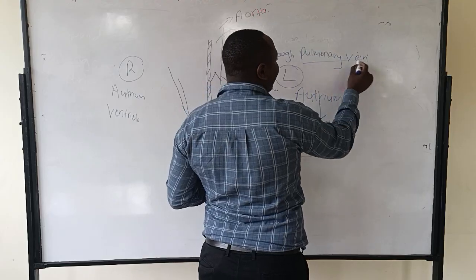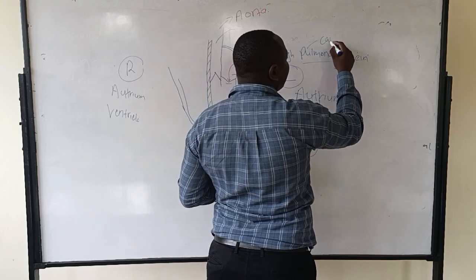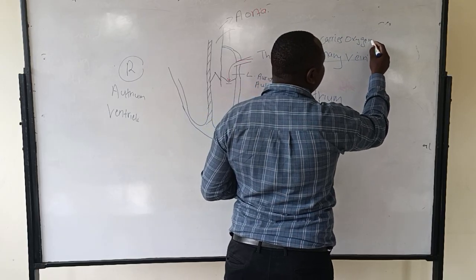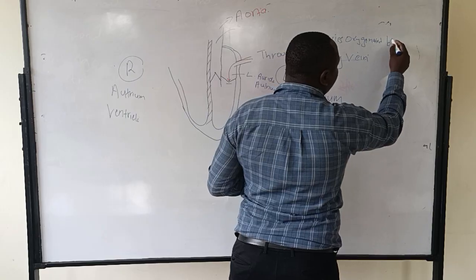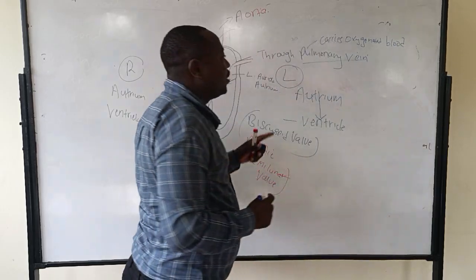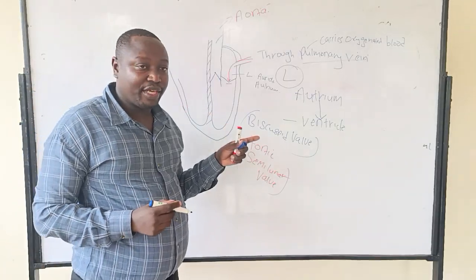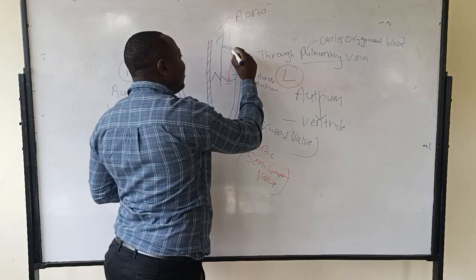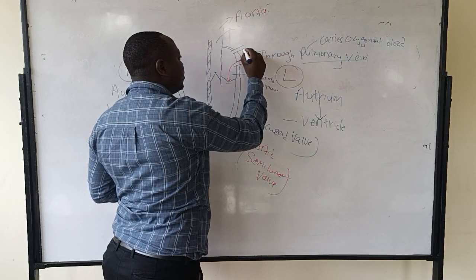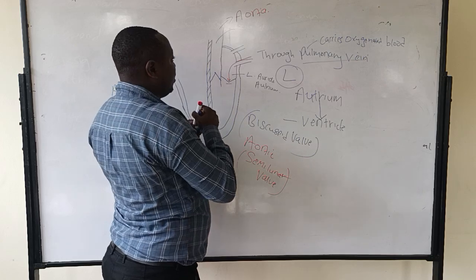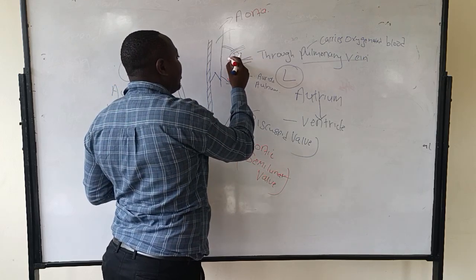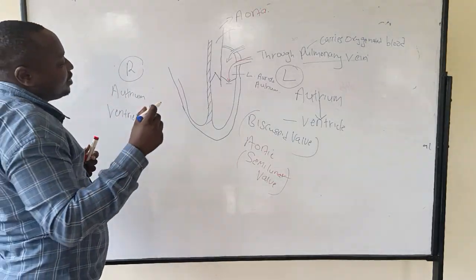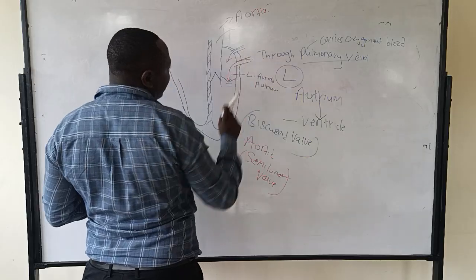These are the pulmonary veins, which carry oxygenated blood from the two lungs that we have. You'll note that we are going to have another one just to represent the pulmonary vein.